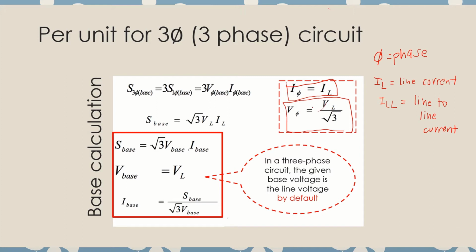You have to remember these two formulas. It's very important. And when you want to calculate the S base, this is the formula. And of course for this one, V base is equal to VL.